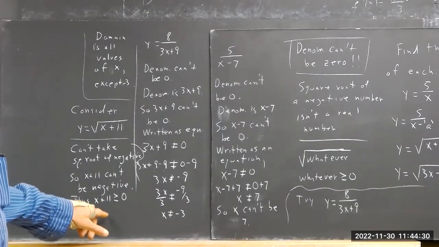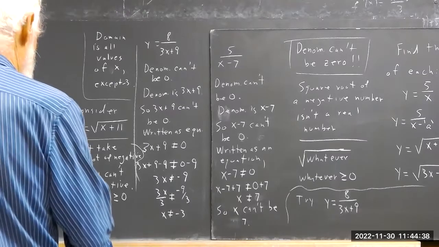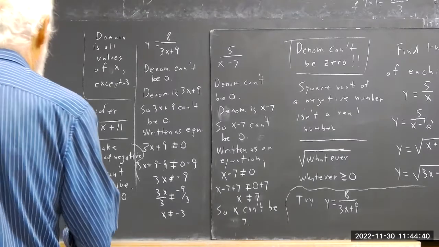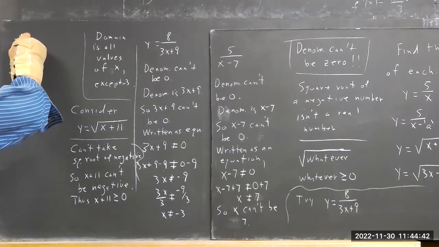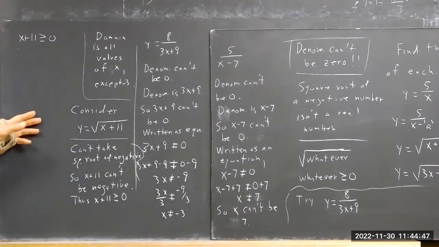Which means it has to be greater than or equal to 0. So come up here. I'm probably off of the camera. I'm still there. x plus 11 is greater than or equal to 0.